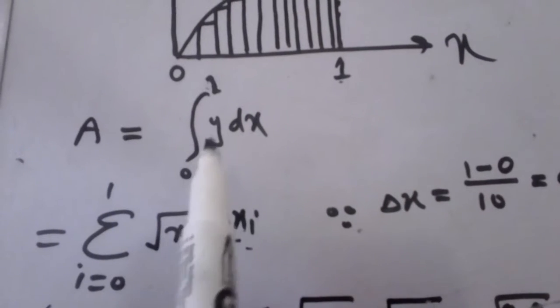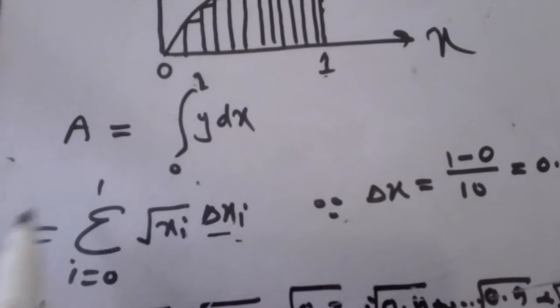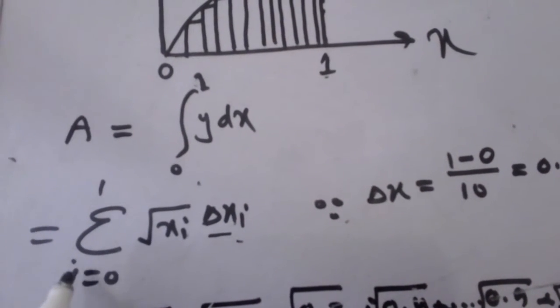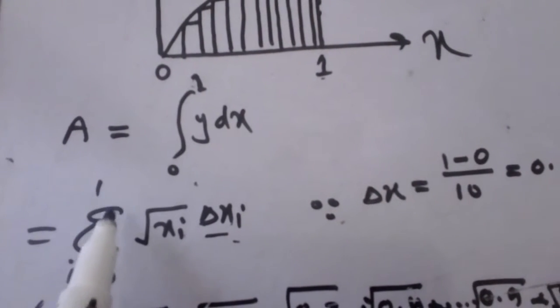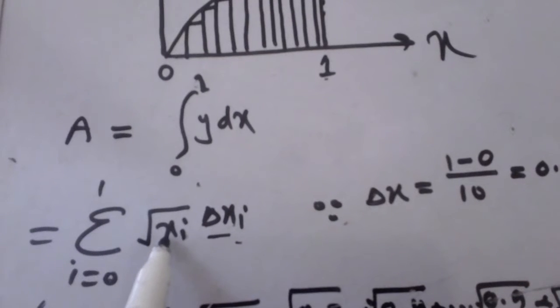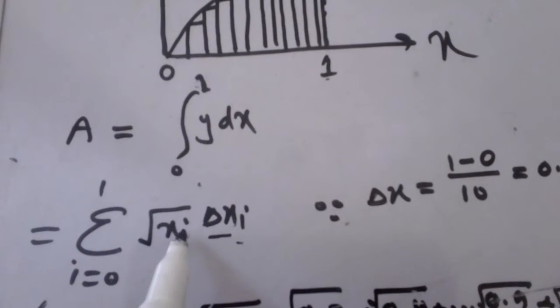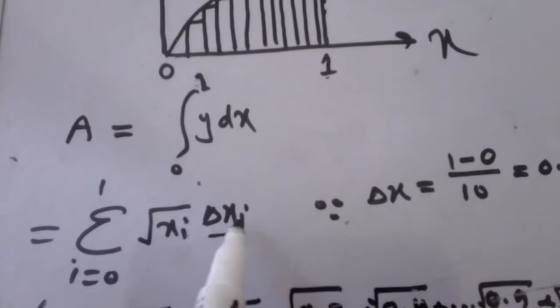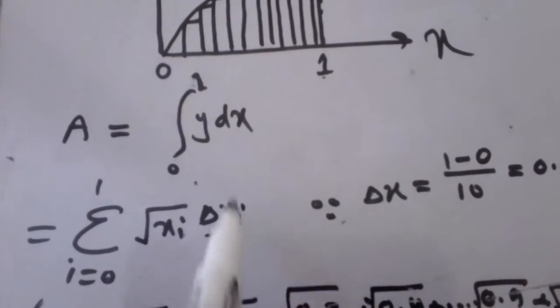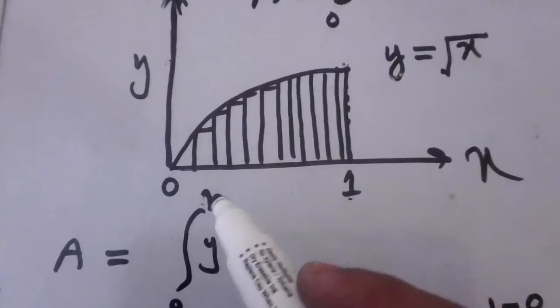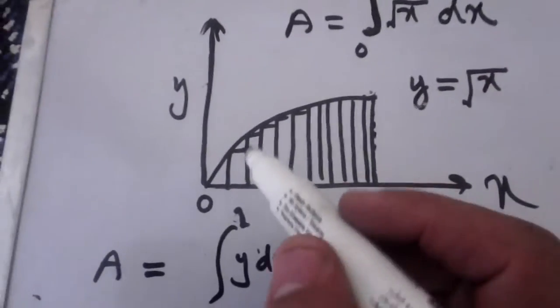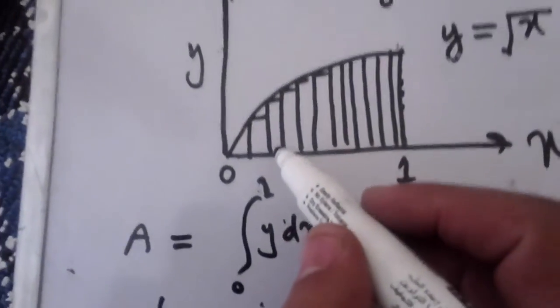So this integration can be converted into a sigma summation with limits from 0 to 1. Lower limit is 0, upper limit is 1, and here square root of x_i is a variable, and delta x is equal for all segments. In order to calculate the area under the curve, we have to find the area of each small rectangle.